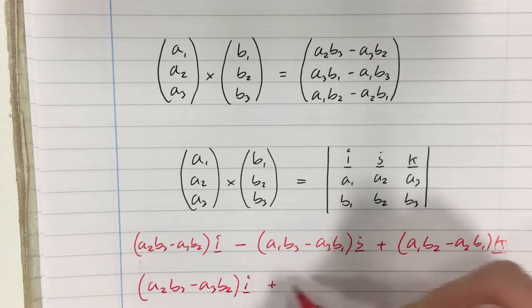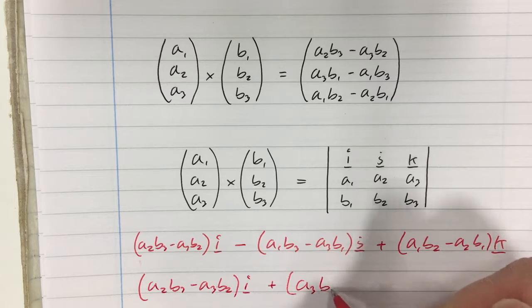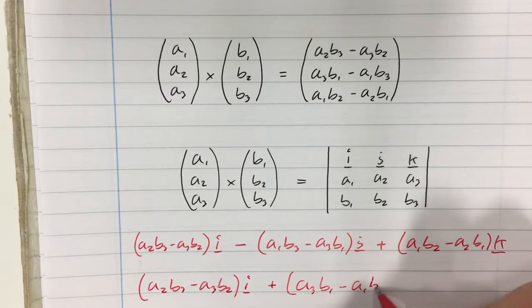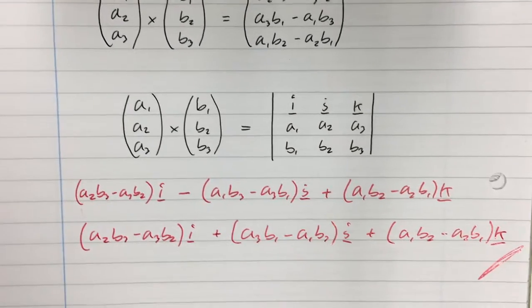I'll get A2B3 minus A3B2 I, then bring the minus into the bracket: A3B1 minus A1B3 J, and then plus A1B2 minus A2B1 K, and that is the cross product.